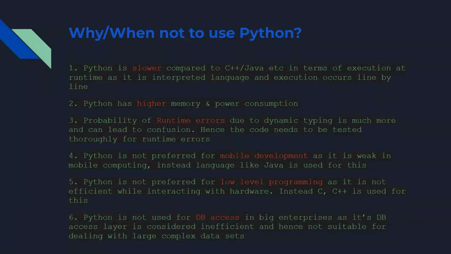Okay, so the last disadvantage is that Python is not used for DB access in big enterprises. This is also one of the big disadvantages when we are talking about the DB access layer. Python's DB access layer is considered inefficient, and it is not suitable for Python to deal with very complicated data sets. So these were a few disadvantages of Python.